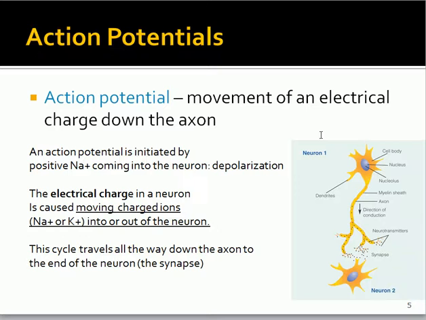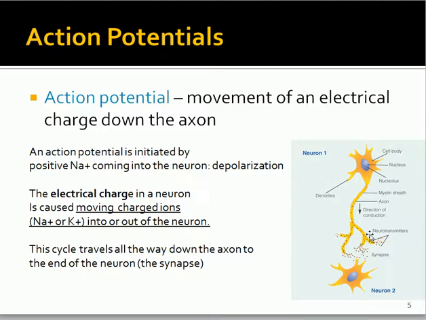And that electrical charge is maintained by the movement of ions in and out of the axon, in and out of the cell. So again, you have the dendrites, the information coming in to the cell body or the soma, the axon itself, through which the action potential goes down, and then the release of neurotransmitters at the synapse.